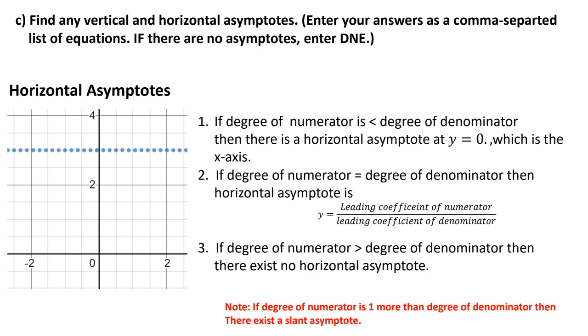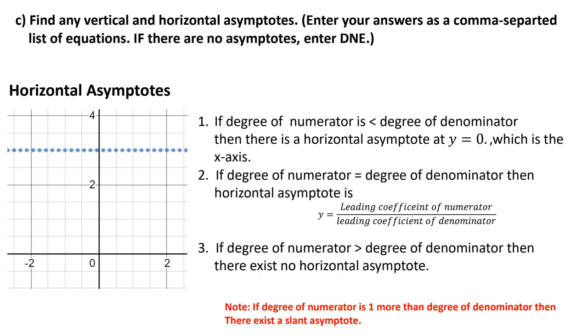The first case is we have to consider the degrees of the polynomials in our rational expression. If the degree of the numerator is smaller than the degree of our denominator, then there is a horizontal asymptote at y equals 0.